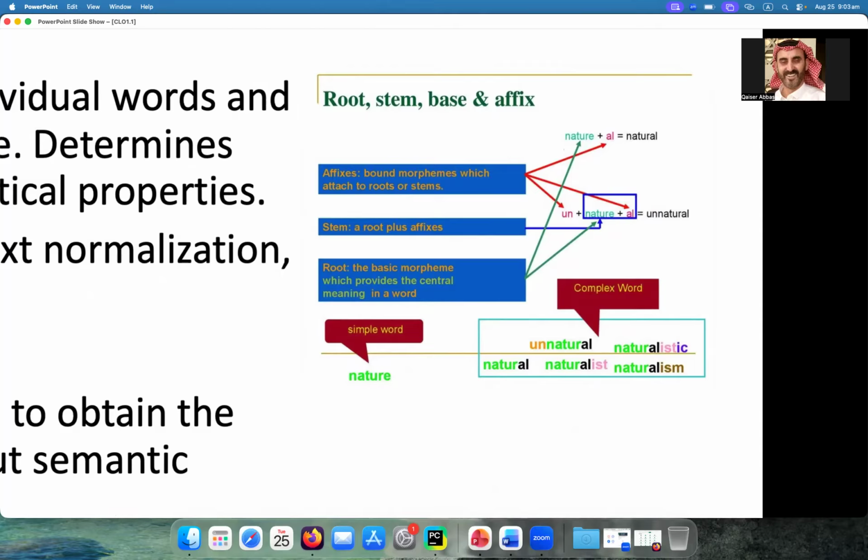When a word is bounded by two things, a prefix and a suffix, it is better to call it an affix. If something comes only at the end of the word, you can call it a suffix, with no need to create confusion by calling it an affix. Something before is a prefix. But if the word is bounded between two things, you can call it an affix.